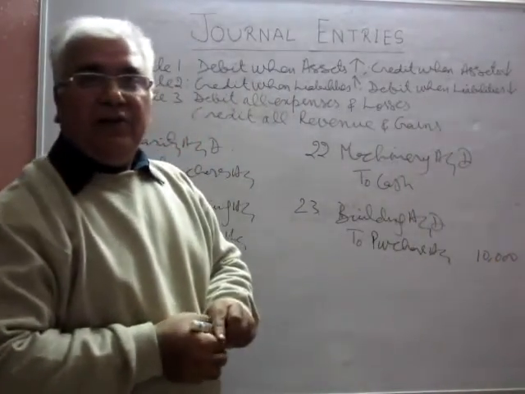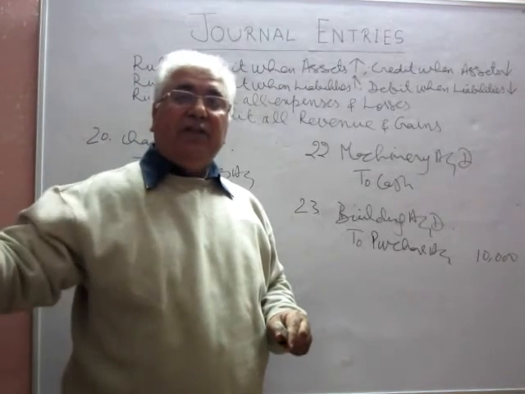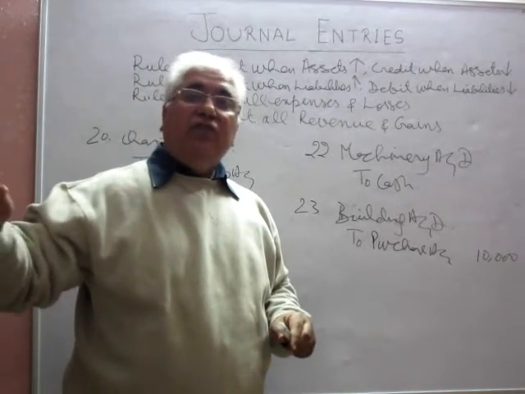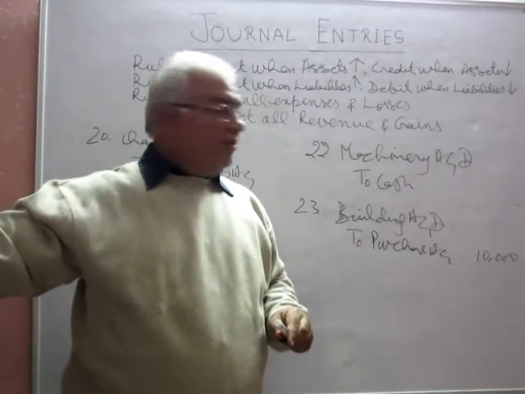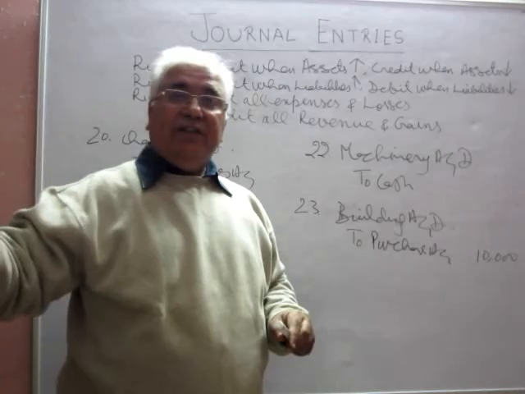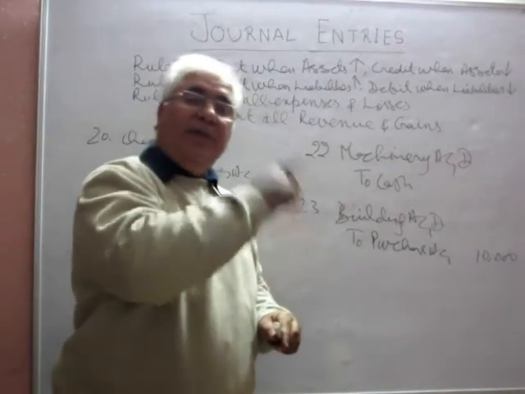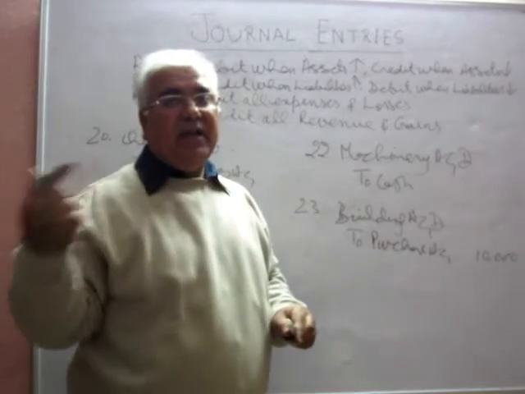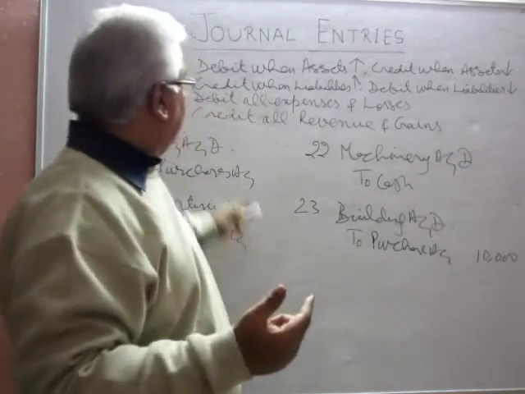And you have employed your own workforce for which you have paid 3,000 as wages, and those wages have already been debited to wages account. Now, since those wages are used for making this building, they will be debited to building, hence they will be taken out from wages account. So what is the rule for expenses?